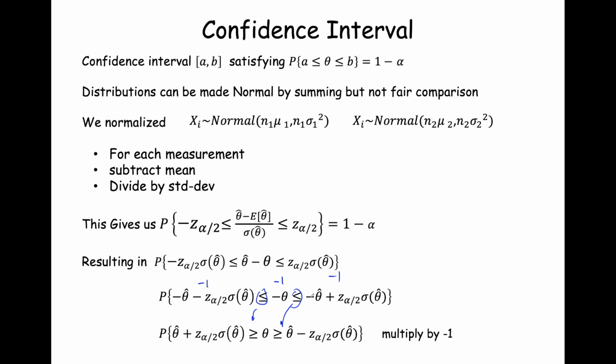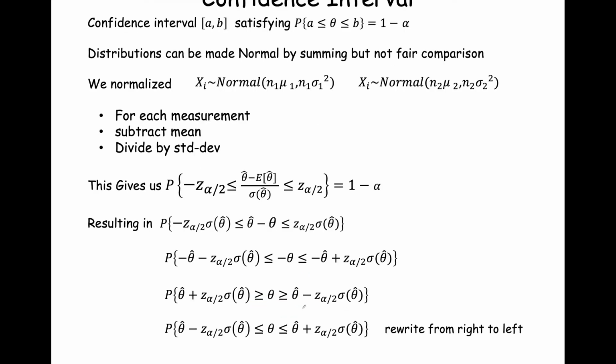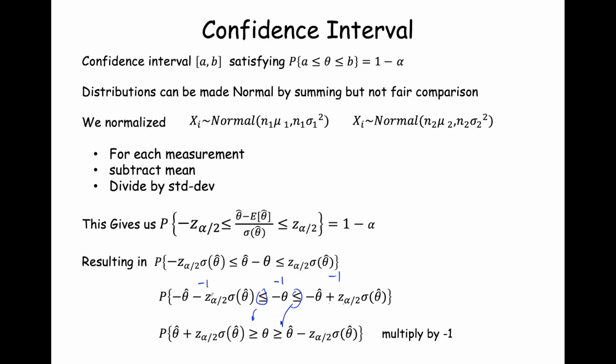And then we have theta hat minus z sub alpha over 2 times the standard error of theta hat. Okay, and so now when we see this expression, we can take the expression that we had from before.